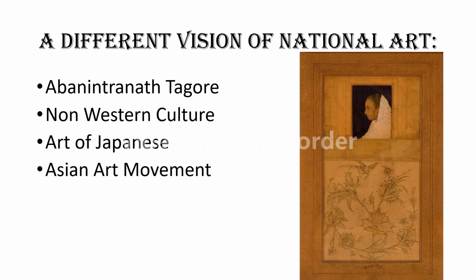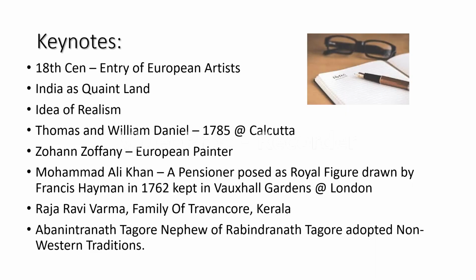They were highly influenced by Japanese artists who visited India at the time to develop a pan-Asian art movement. They turned for inspiration to medieval Indian traditions of miniature painting and the ancient art of mural painting in the Ajanta caves. Here are the notes of today's session.